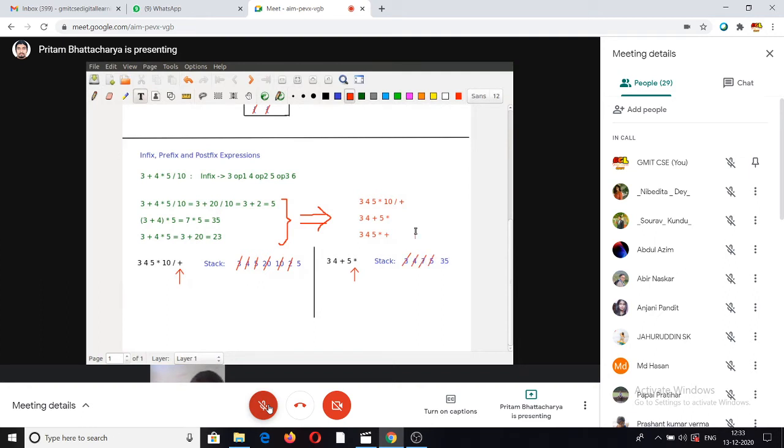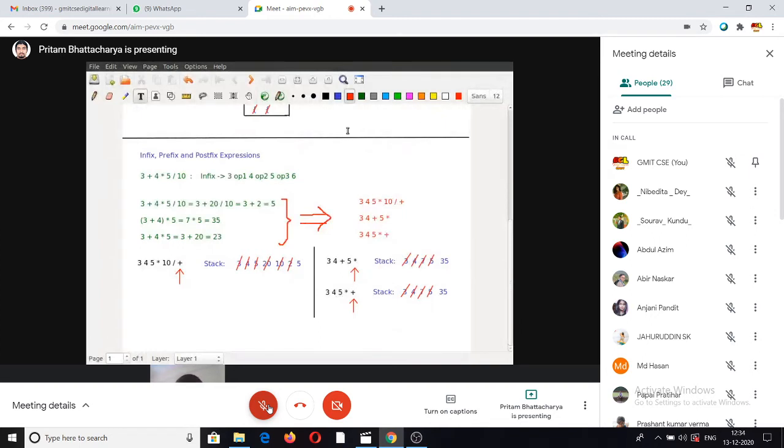Okay. Now, quick comparison, the version without parentheses. I claim that its corresponding postfix is 3 4 5 star plus. So this is how it looks.